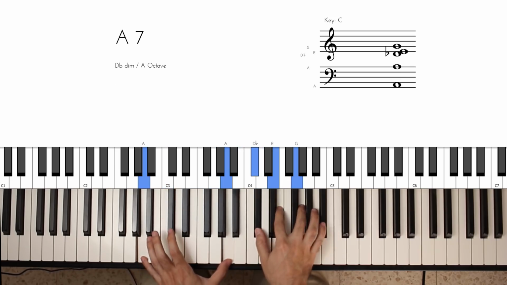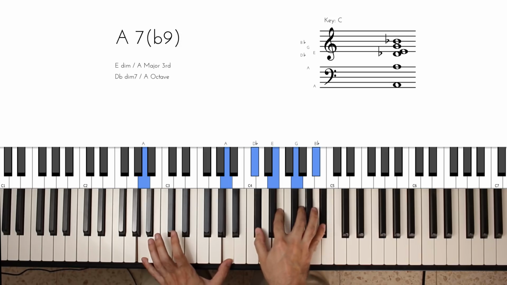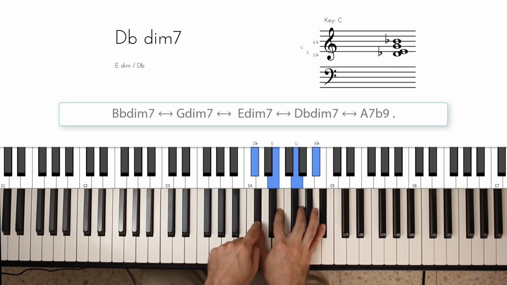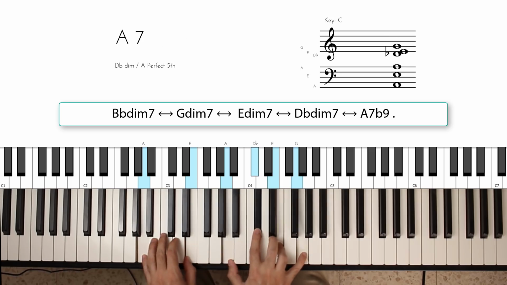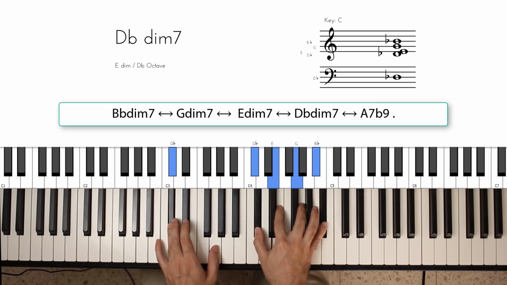Now, we can take this A dominant 7 and add the flattened 9th. And if you look at the right hand, what I'm playing here is a D flat diminished 7th. So instead of playing an A dominant 7, we can play a D flat diminished 7.